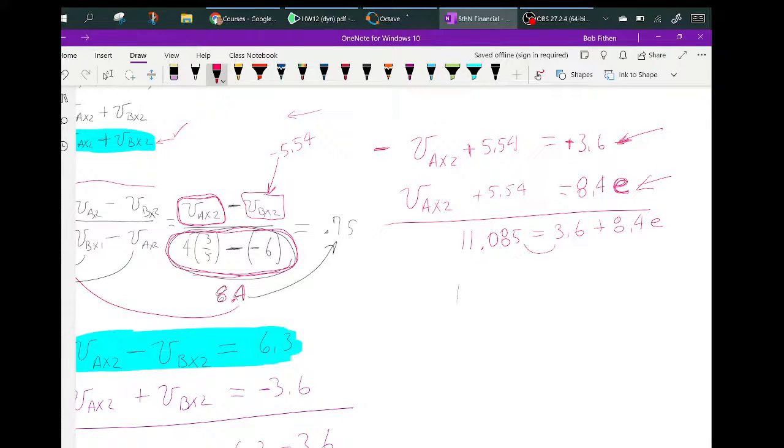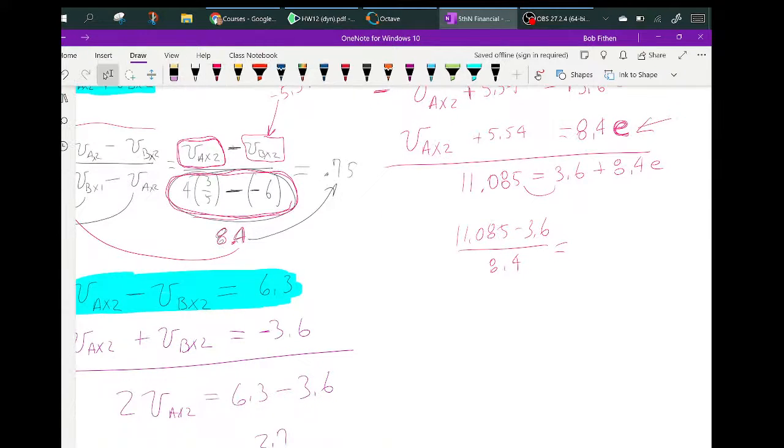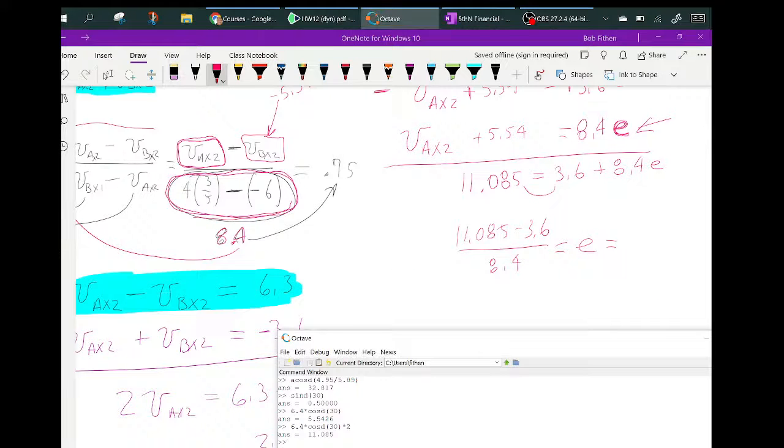Take the 11.085 minus 3.6 divided by 8.4 equal to a number. And that number is just going to be e. So if you'll bear with me for a minute, 11.085 in parentheses, all of it minus 3.6, divided by 8.4. 0.89.